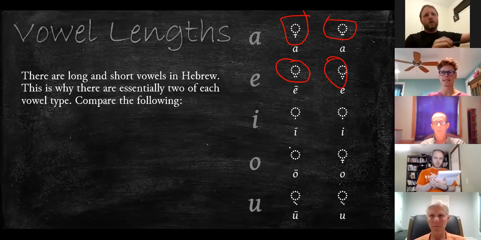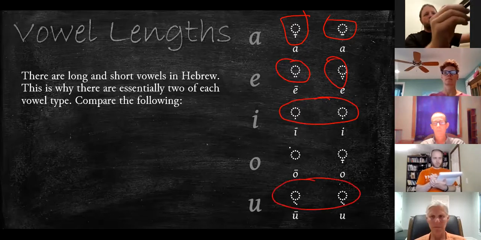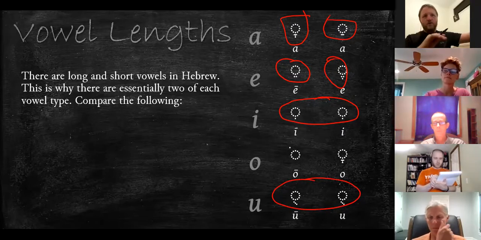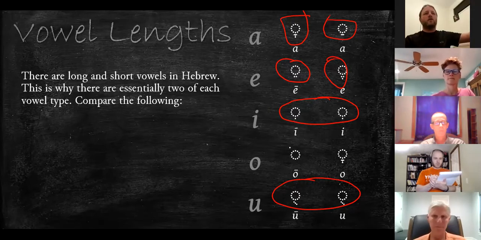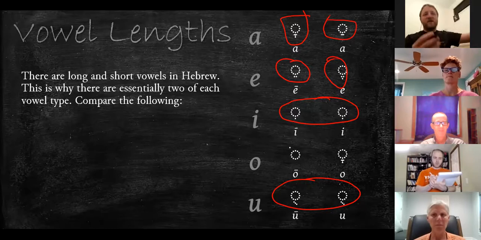With chirik, the same symbol is used for long and short syllables, as is kubutz. The same symbol, dots, are used for long or short. How do we know then if it's long or short? If the syllable is unaccented and it's closed, then it's short. But if it's open, then it's long. And if it's accented, you just have to know by the pattern.